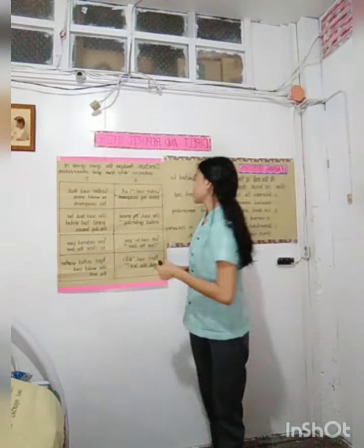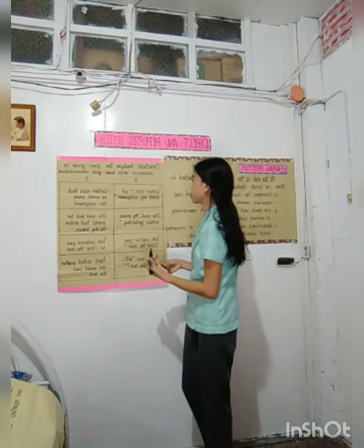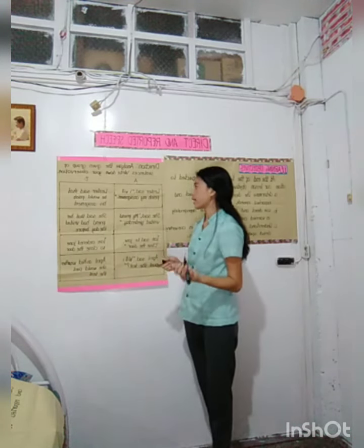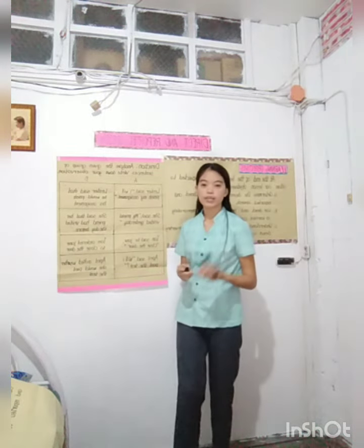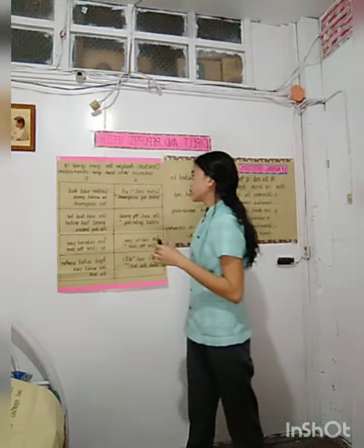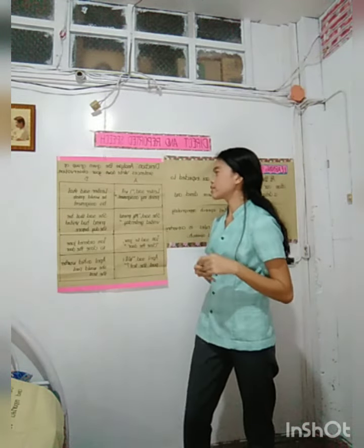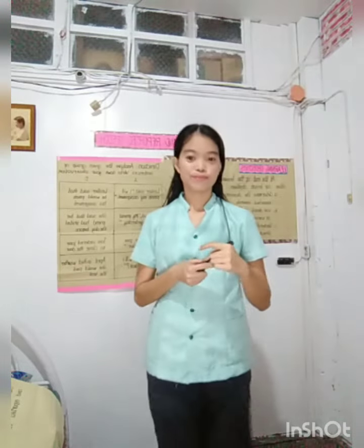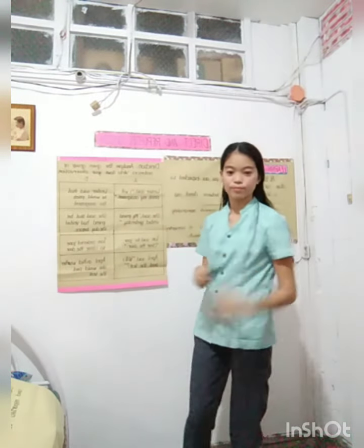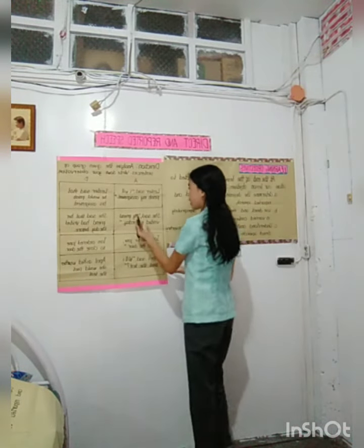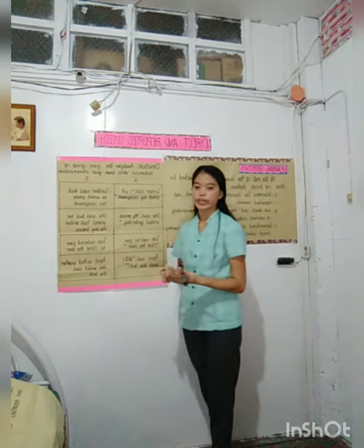So, on the first table, in the first sentences, we have Lester said, "I will finish my assignment." For letter B, we have Lester said that he would finish his assignment. And for the next one, we have she said, "My friend visited yesterday."